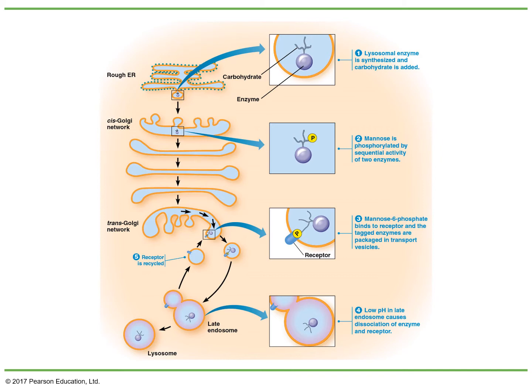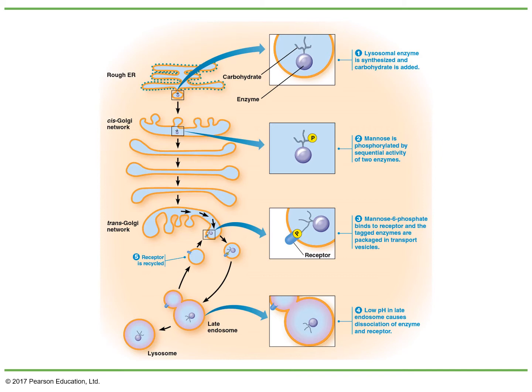In step number 3, the tagged lysosomal enzyme will now bind to mannose-6-phosphate receptors in the TGN and will be packaged into coated transport vesicles that convey the enzymes to a late endosome.